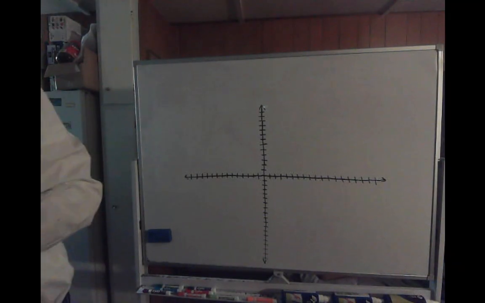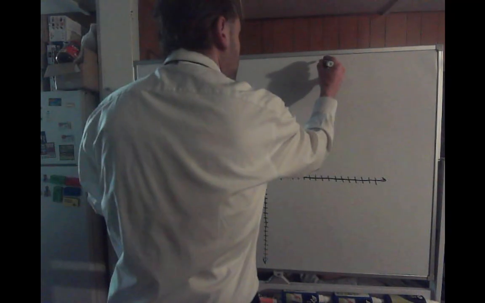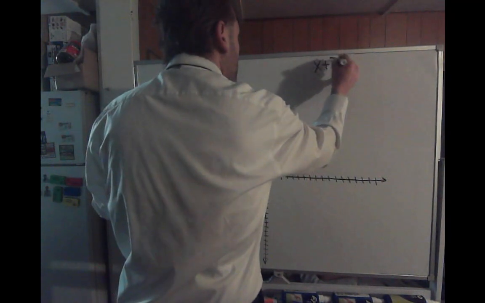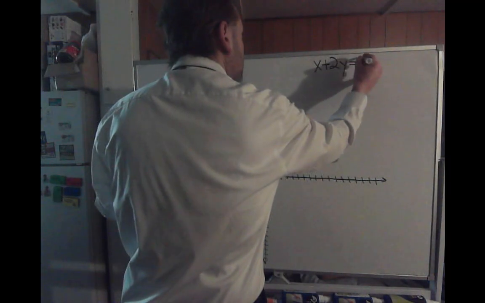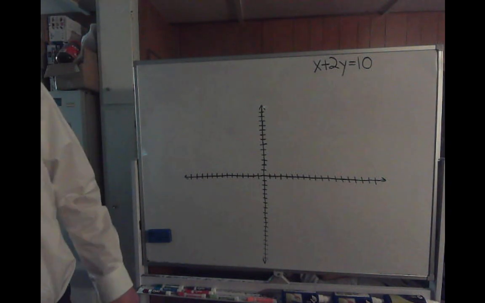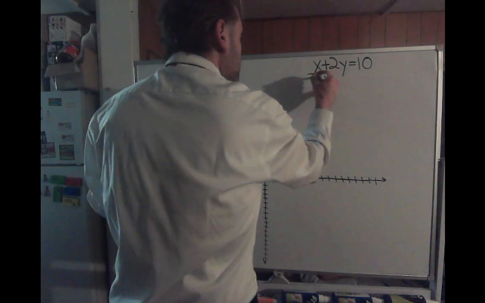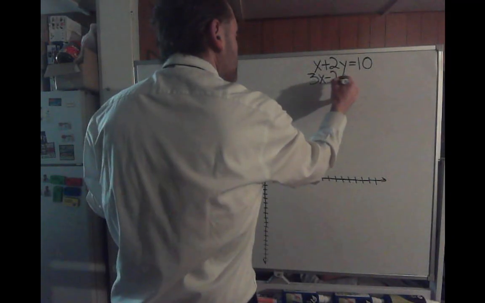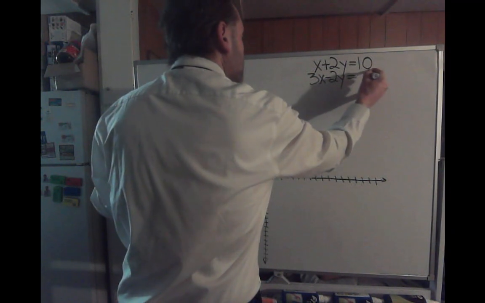Let's see what the next equations hold for us. So we have x plus 2y equals 10. And then we're also given 3x minus 2y equals 6.